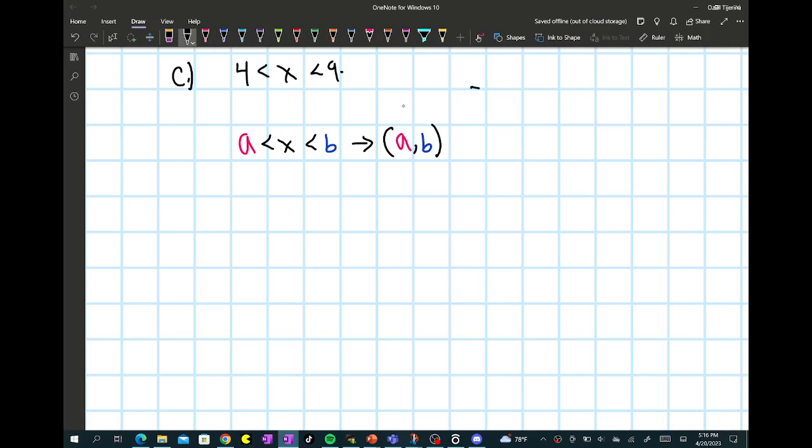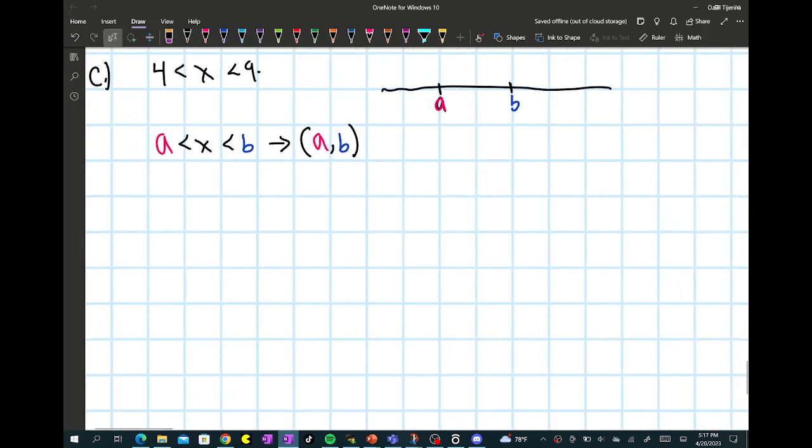And again, when I do the graph, let's say here's a, and let's say that over here is b, right? At a, we have this going on, and we also have this at b, right? So we're just going to shade in between like that.